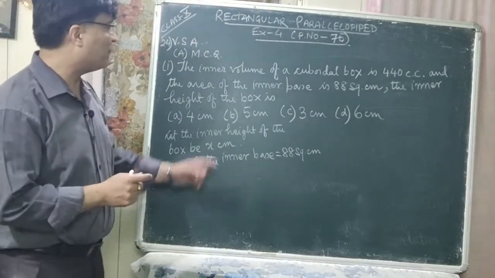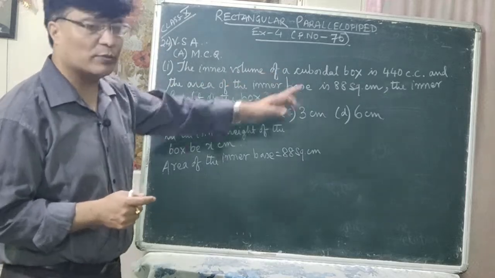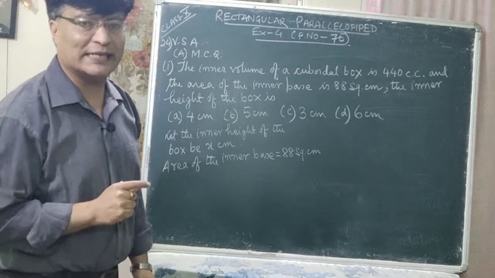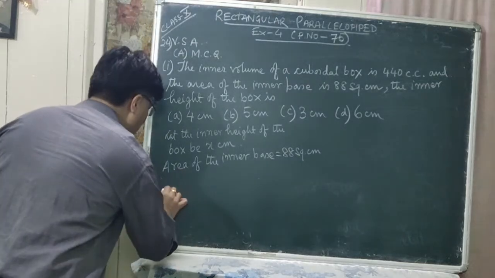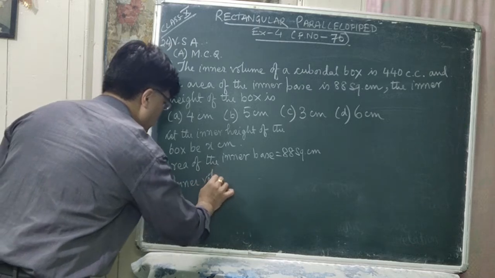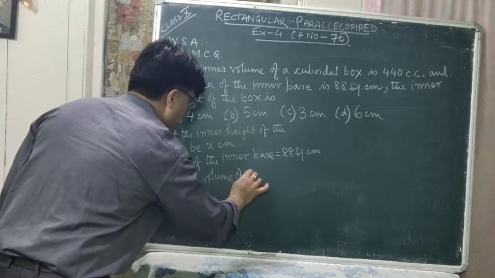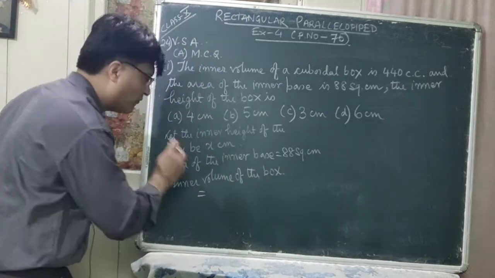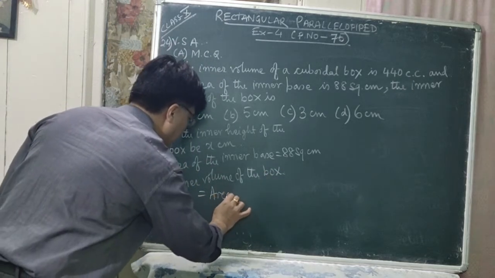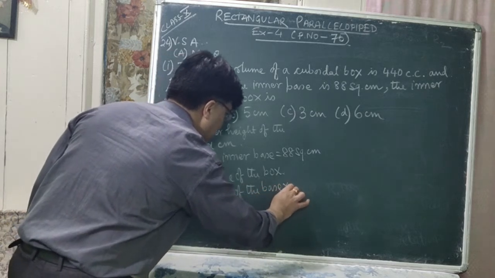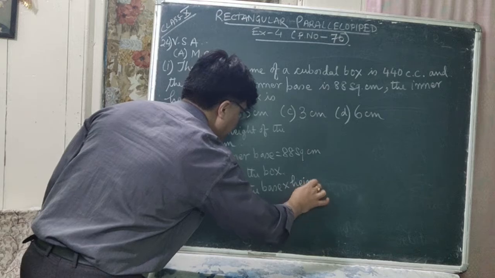We can find out the inner volume of the cuboidal box using the formula area of the base into height. So therefore inner volume of the box is equal to area of the base into height.